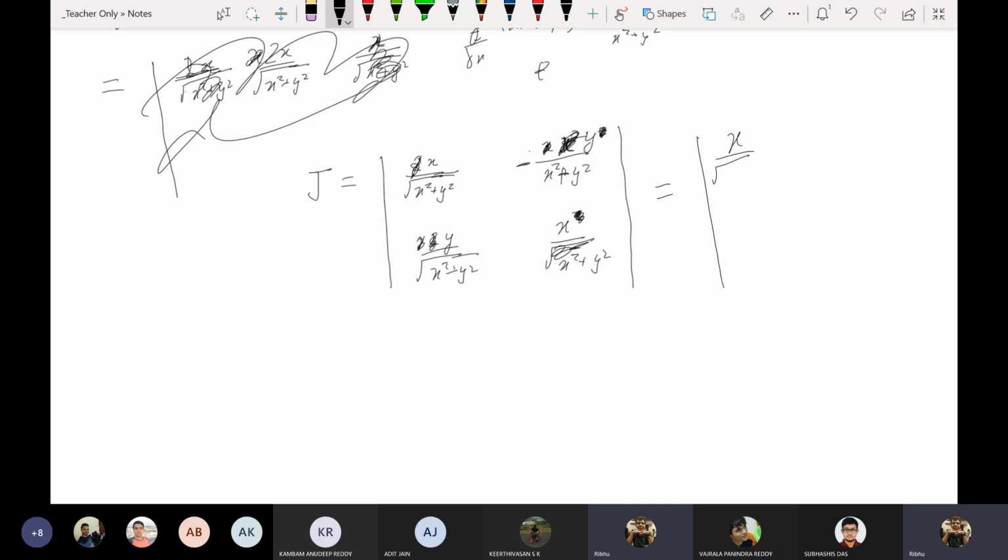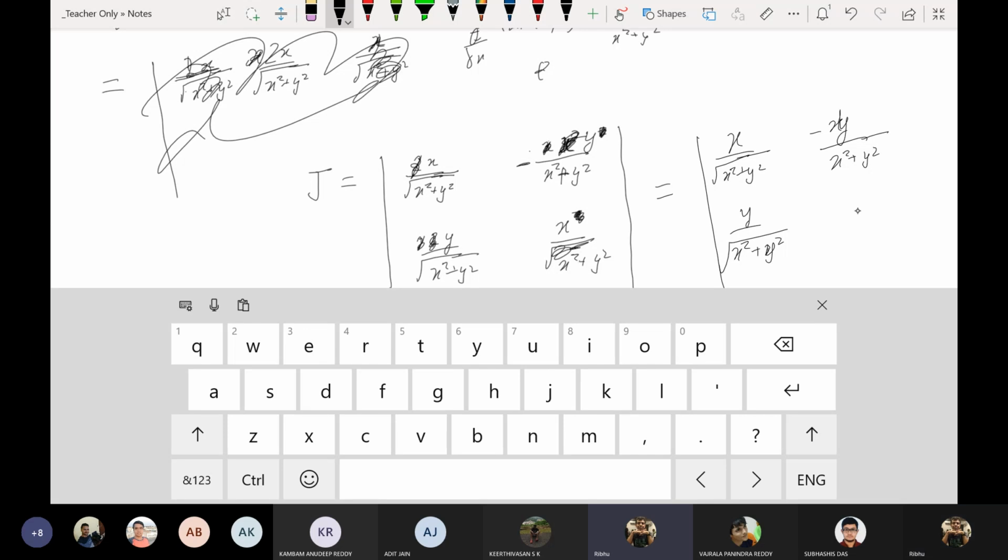x divided by root over x square plus y square, y divided by root over x square plus y square, minus y by x square plus y square, and x divided by x square plus y square.